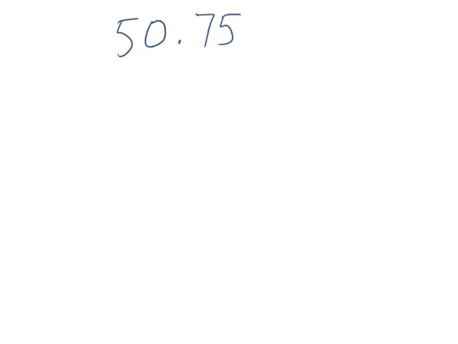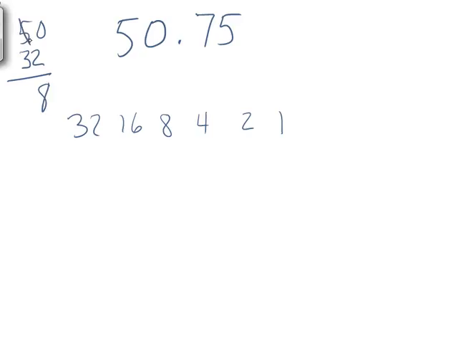Okay? So if we do the 50, we have 1, 2, 4, 8, 16, 32, and I know the next one's 64, so I'm just not even going to write it down. Okay? So if I subtract 32 from 50, it's been a long day, guys, I'm sorry.